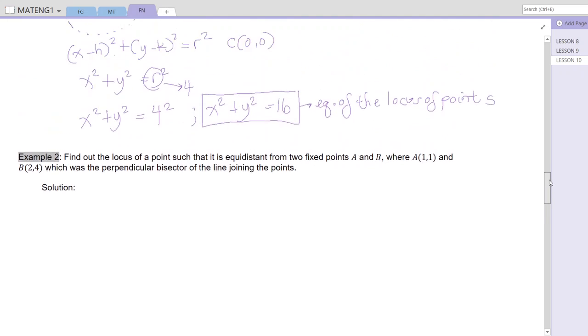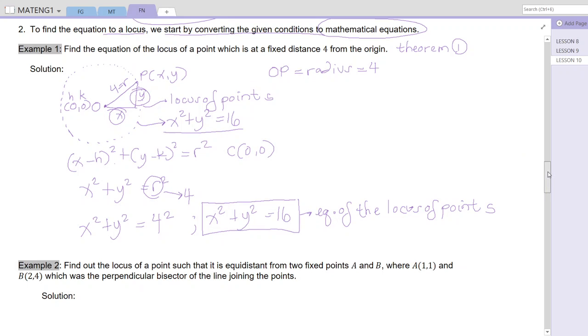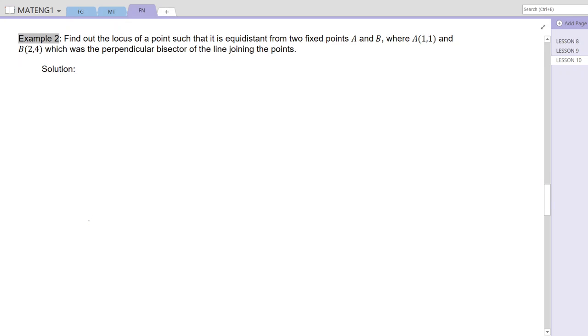The locus of points in the previous example is a circle with the equation x squared plus y squared is equal to 16. Now, example number 2.